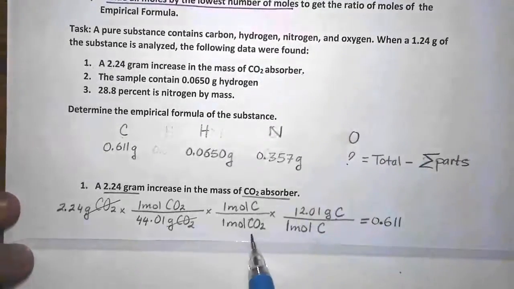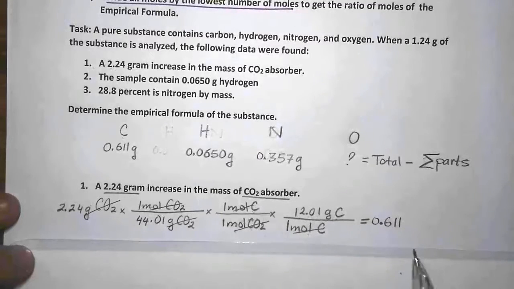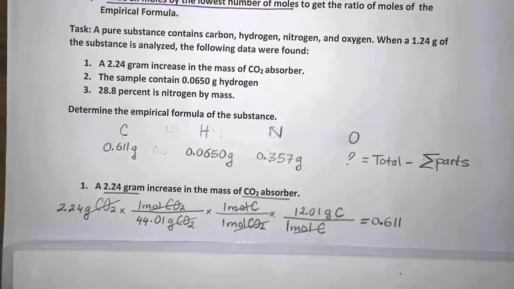In this case, it's 1 mole of carbon dioxide relative to 1 mole of carbon, and the moles of carbon dioxide cancel out. Now we convert that carbon to mass, times the molar mass conversion factor of carbon, 12.01 grams on top and the moles on the bottom to cancel out, giving us 0.611 grams of carbon. But I'm not going to write it down because I need the space to convert back to moles and so on.